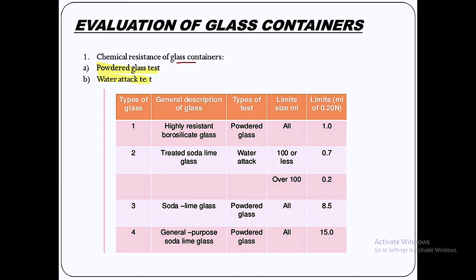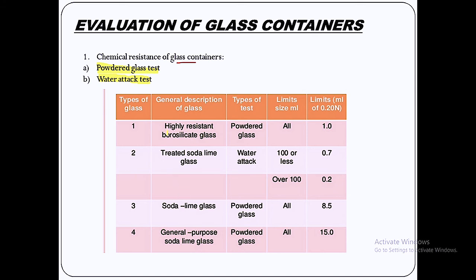Second is the water attack test. As the word suggests, you are attacking your glass containers with water to check its permeability and the resistance of the glass container. So no need to go for the procedure, but for the evaluation point of view, which type of glass takes which test is very, very important.